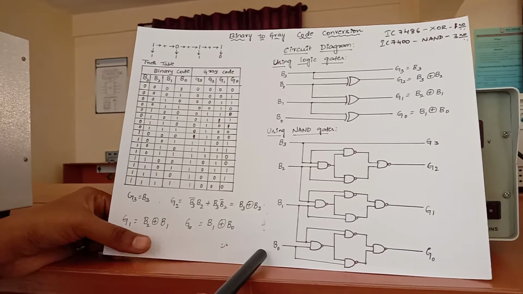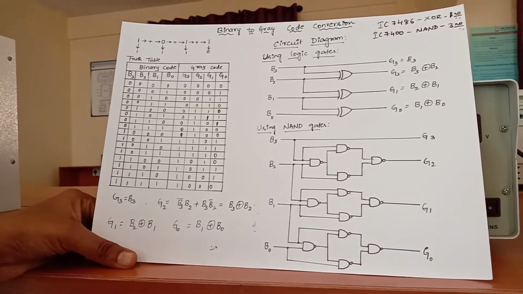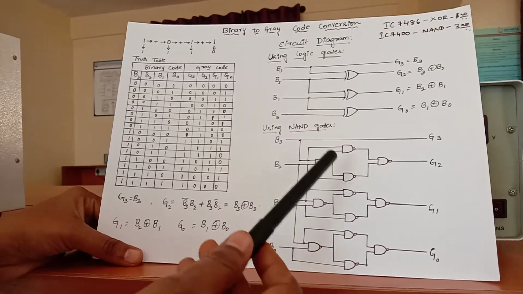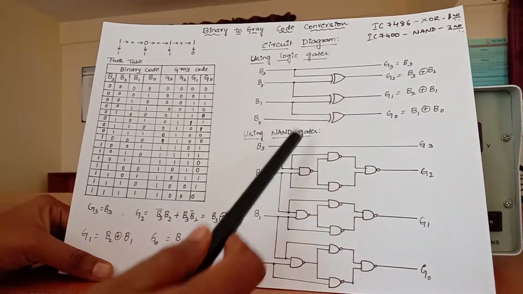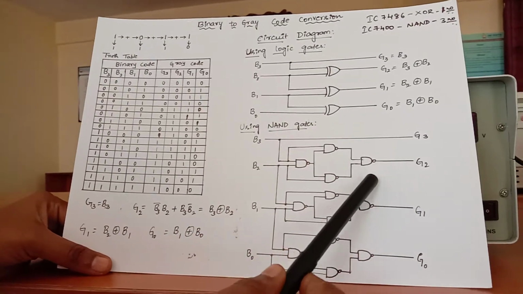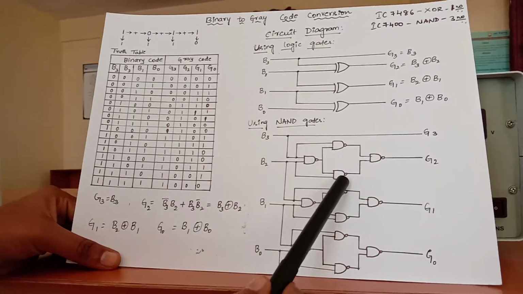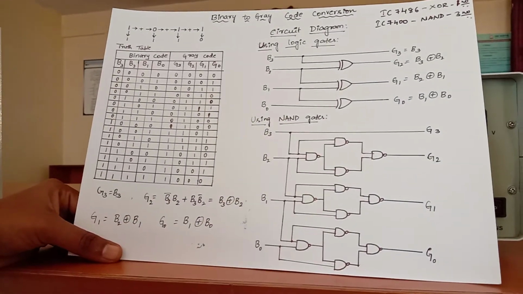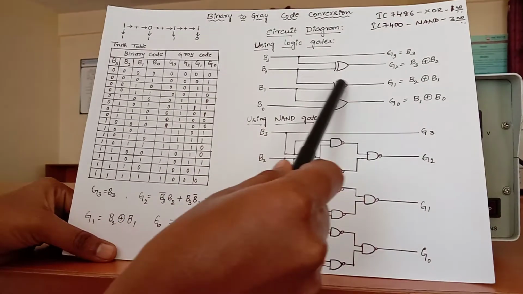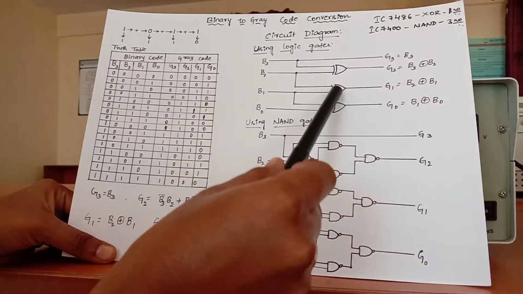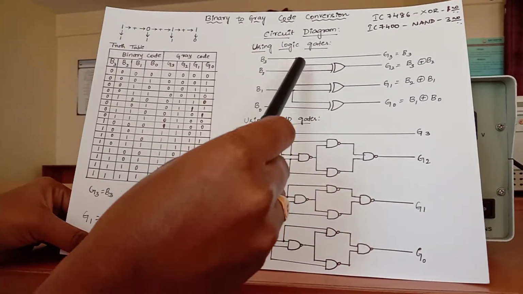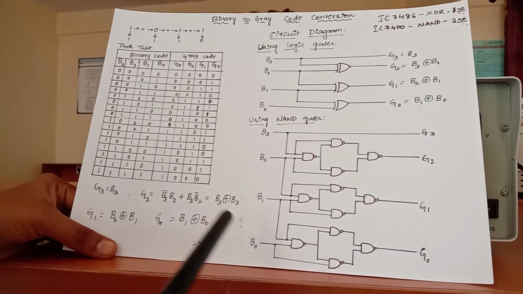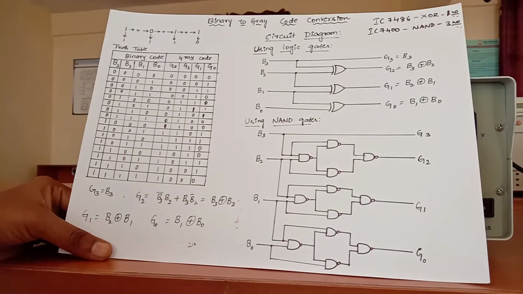If I want to use the universal gate, that is the NAND gate, then as we told you, one XOR gate will be replaced by 4 NAND gates. If we compare two XOR gates, one input will be the same for both the gates. Like that we can draw the NAND gates also.